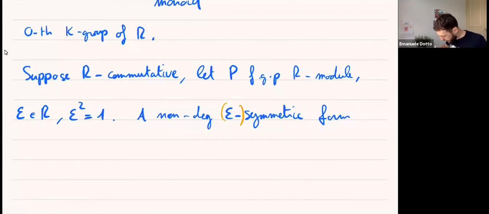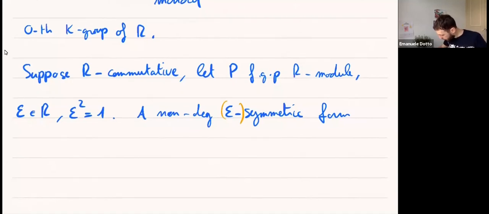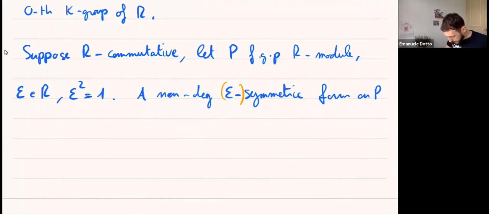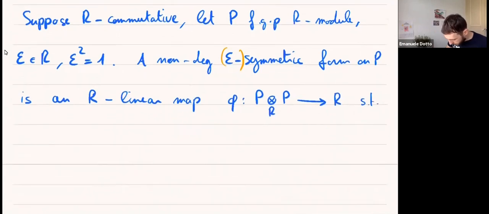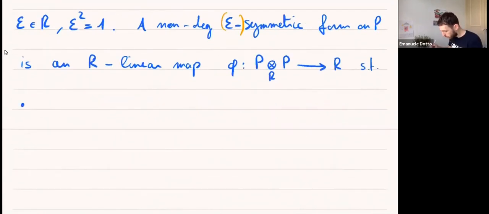A non-degenerate symmetric form on P is an R-linear map, so it's a pairing on P. It's a map of R-modules from P tensor P to R, and it satisfies 2 conditions, corresponding to the adjectives I put in front of form.